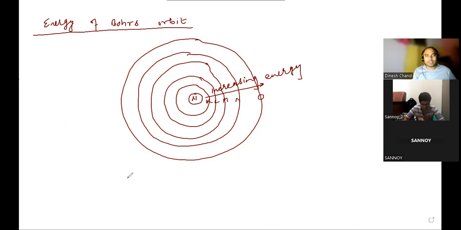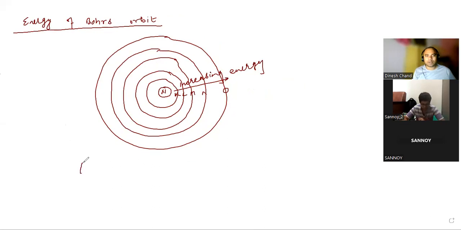Here, the energy of Bohr orbit we write as En. n is the orbit number. If you go K, L, M, N, O, it can be any number, even infinite.